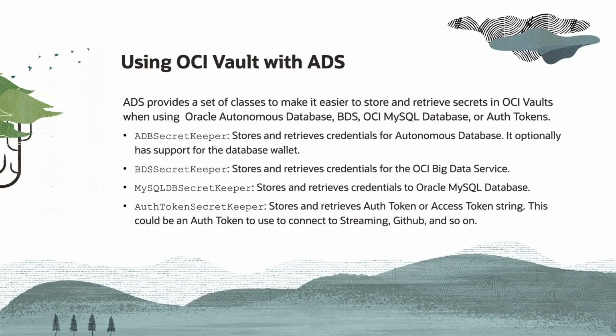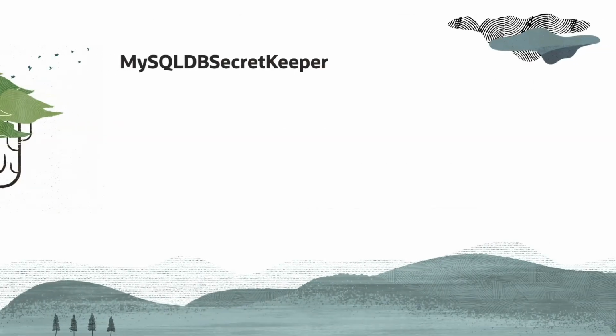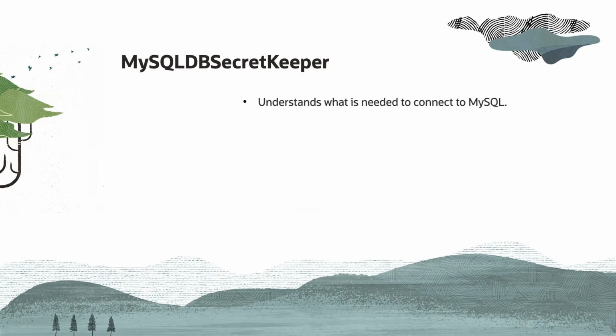In the next slide, I'm going to go over an example of how to use these. I'm going to focus on the MySQL DB Secret Keeper, but all the other objects are basically the same. The MySQL Database Secret Keeper understands what is needed to connect to a MySQL database. So this would be things such as the database name, the port, the host, the username, the password, that type of thing.